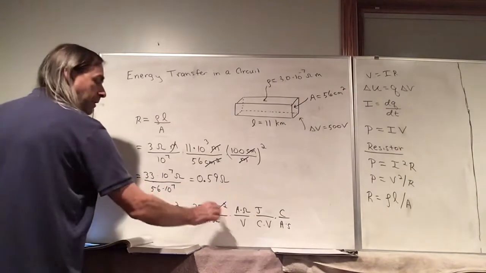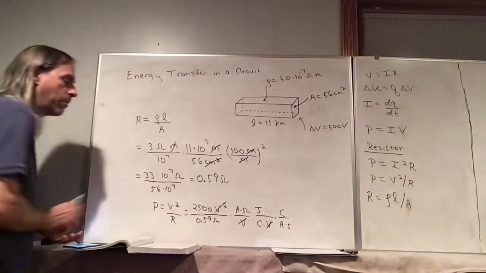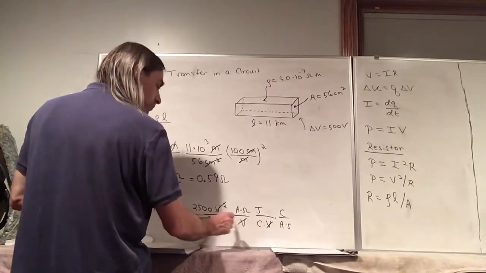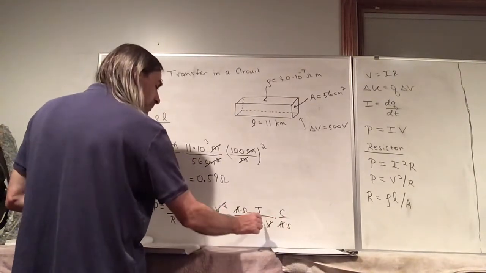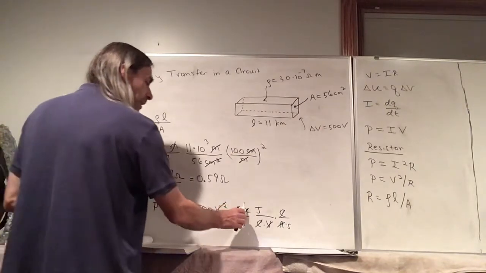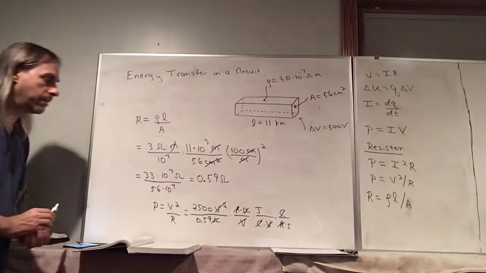So let's see, I'm out of room to write this up separately. Let's cancel out the volts. Here's our amps, coulombs, ohms, and we have joules per second.